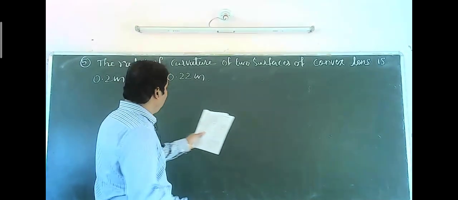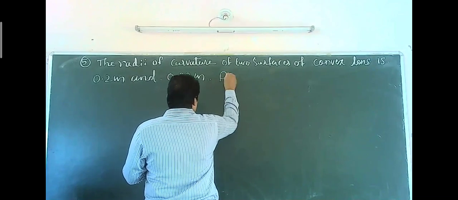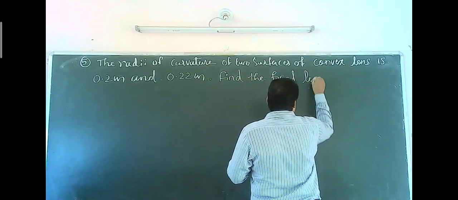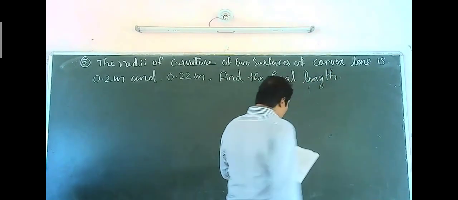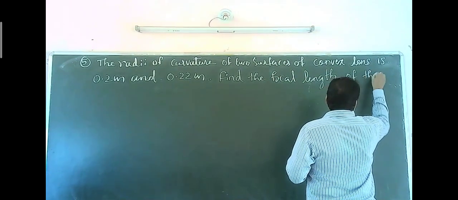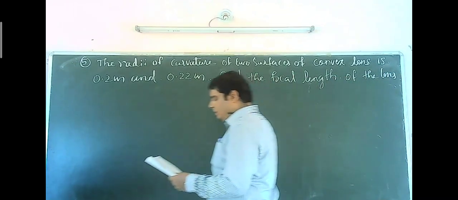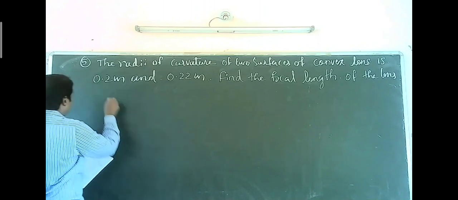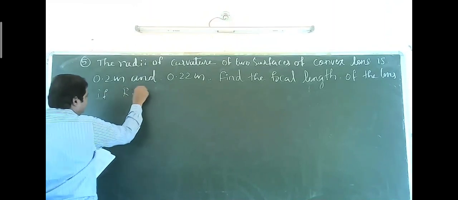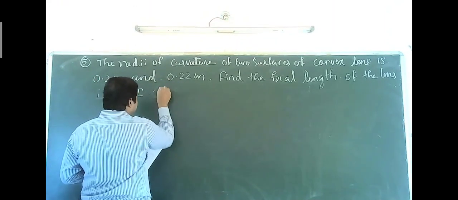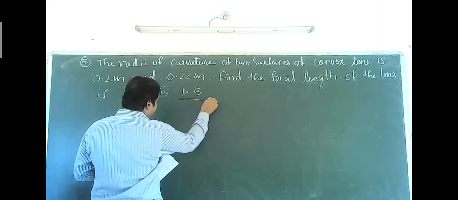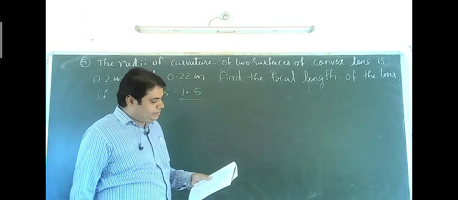What next? Find the focal length of the lens. If the refractive index is 1.5, find the change in focal length.